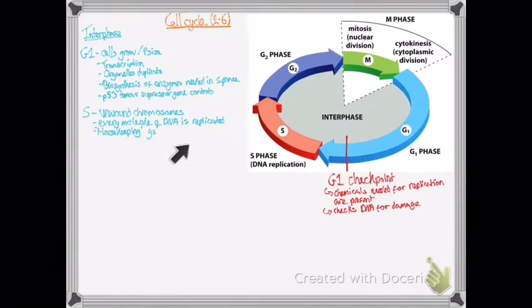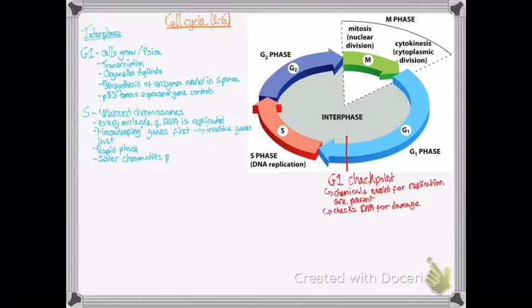So if it gets past this checkpoint, we go into S phase. In S phase we have unwound chromosomes. Every molecule of DNA is replicated, but first of all the housekeeping genes are replicated. The housekeeping genes are the sort of active genes, essential genes to be within the cell. They're replicated first, then the inactive genes are replicated last.